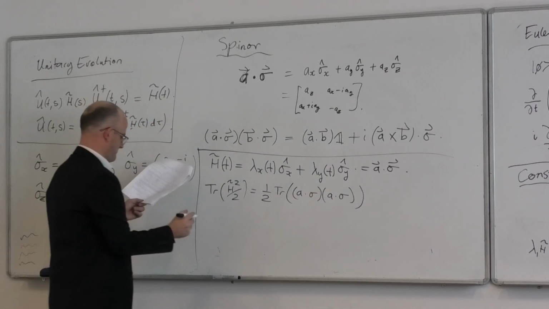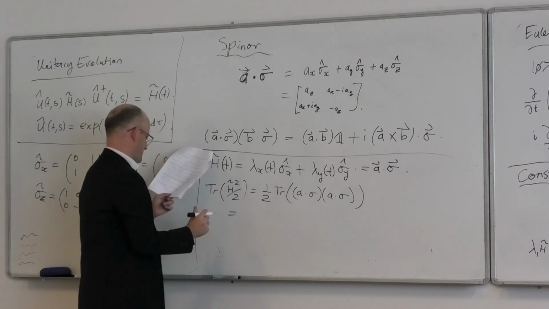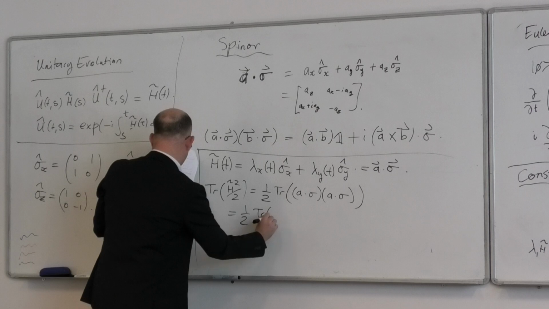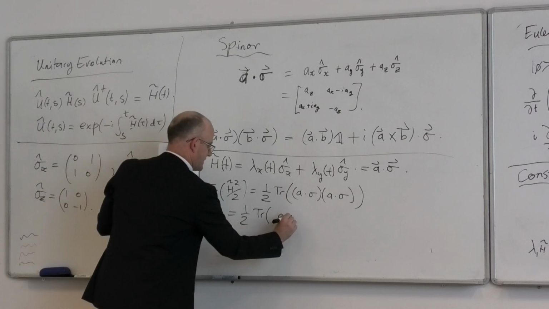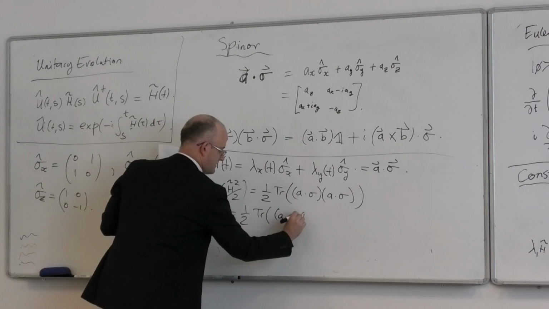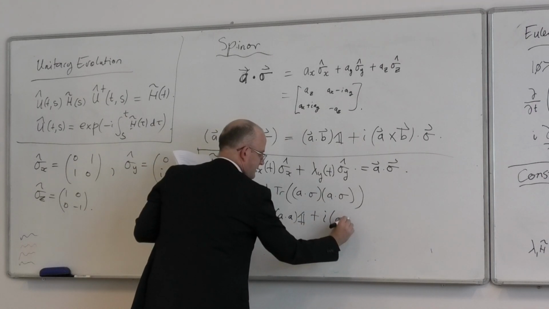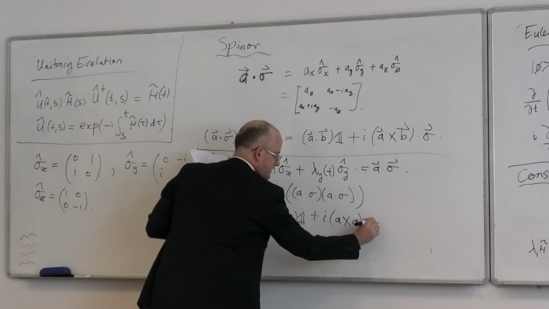Okay. So that's equal to 1/2 trace of A dot A plus A cross A dot sigma.